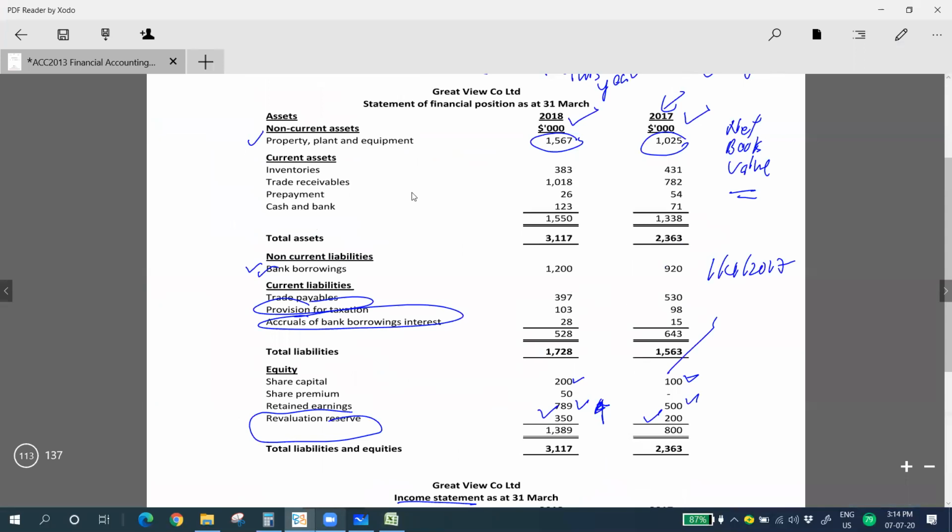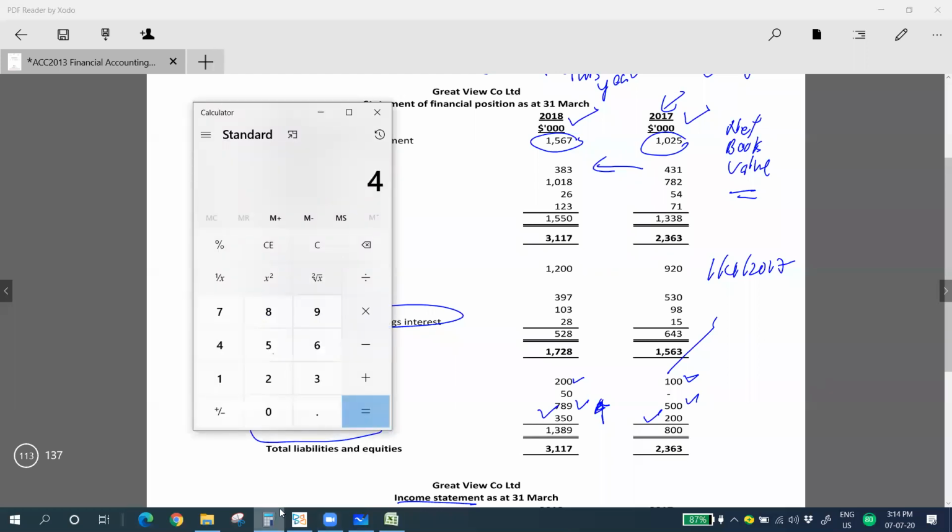So your inventory goes from 431 to 383. The difference is 48. So is this 48 an increase or a decrease in your inventory? Decrease.